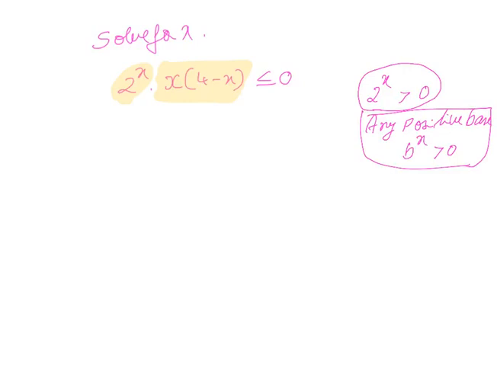Right? So now I have this factor law here. A times b less than or equal to 0 implies, and this is a very important understanding that we must have here, that either a must be less than 0 or b must be less than 0.